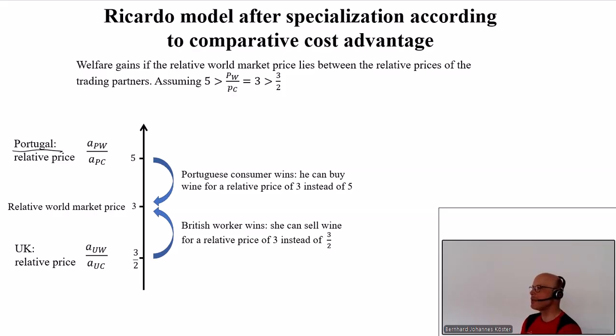So for 1 liter of wine, so to speak, I have to pay 5 clothes. If I now find somebody, let's say on the world market, who sells me 1 liter of wine for less than 5 clothes, then I will do it. And let's assume there on the world market we have an exchange ratio of 3:1. Then I will do it. Then I will be happy.